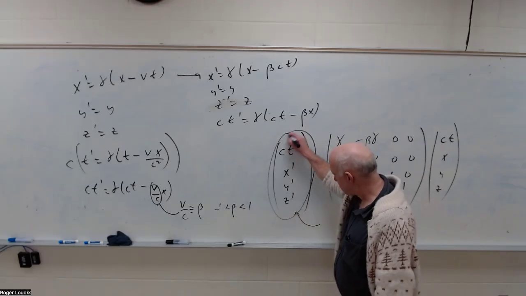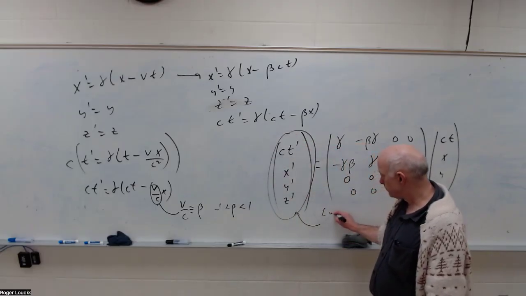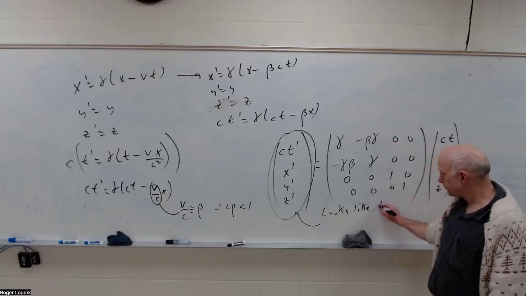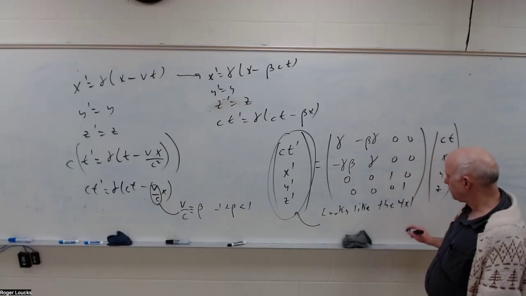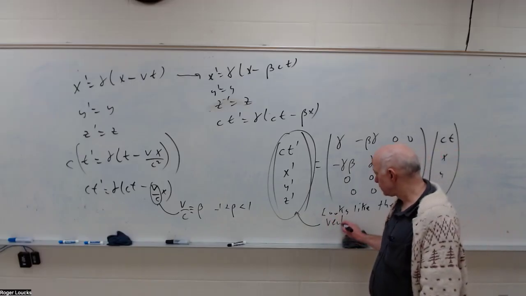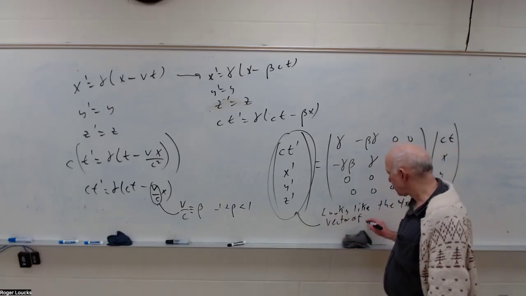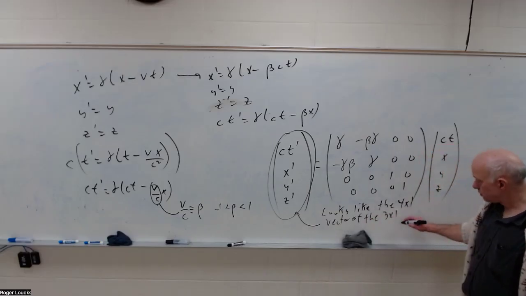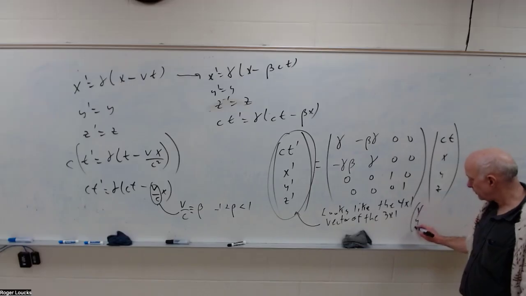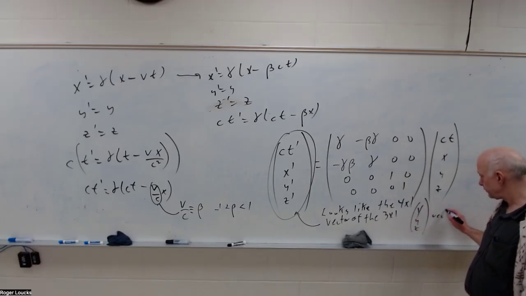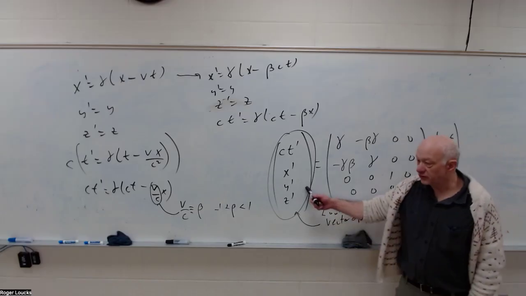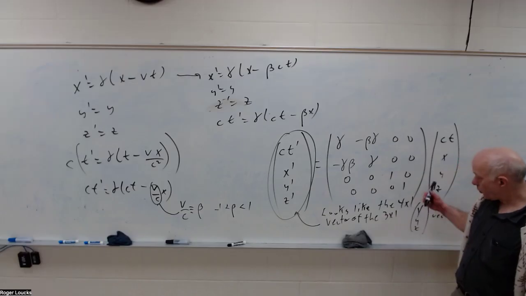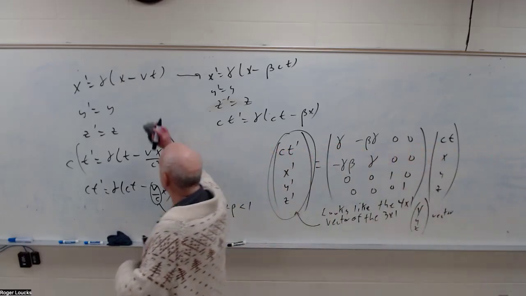So this looks like the 4x1 version of the 3x1 XYZ. We guess that this is going to be our four-dimensional column. And there's a problem with that.